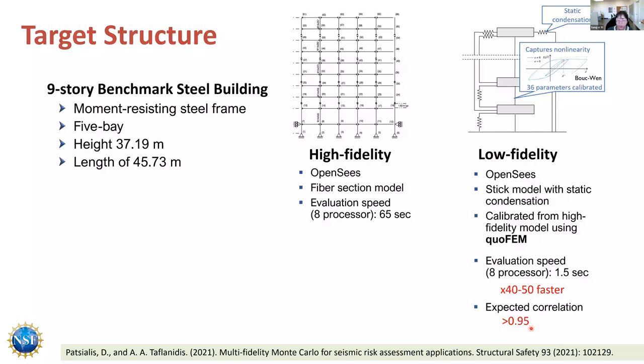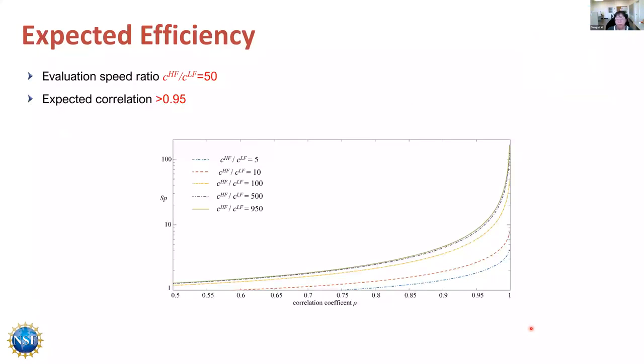So based on these two pieces of information, before running the multi-fidelity Monte Carlo simulation, we want to see whether we will get some efficiency by introducing this low fidelity model. The evaluation speed ratio is around 50. That means it lies between the orange and yellow curves, which will be around this one. And the expected correlation is greater than 0.95.